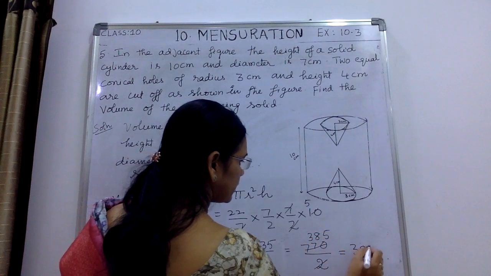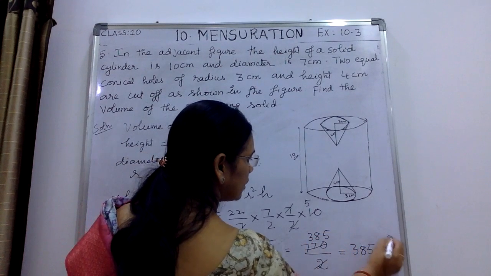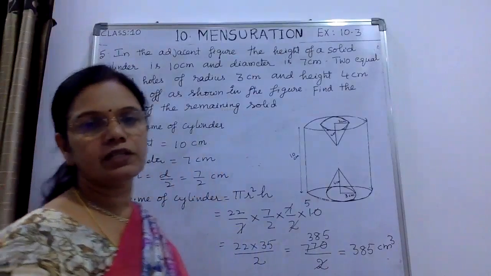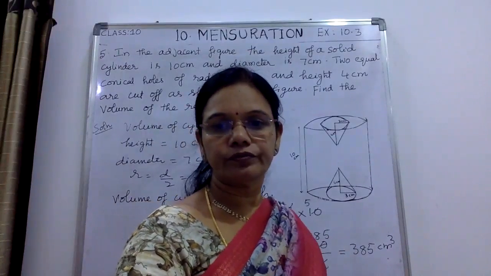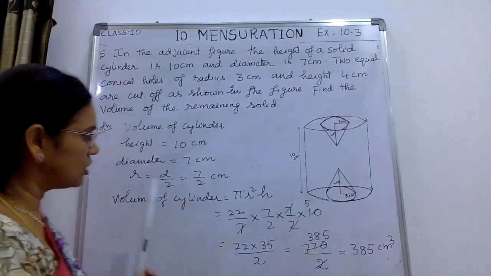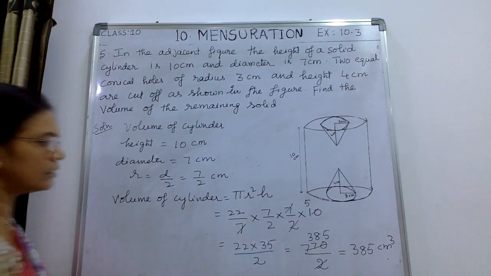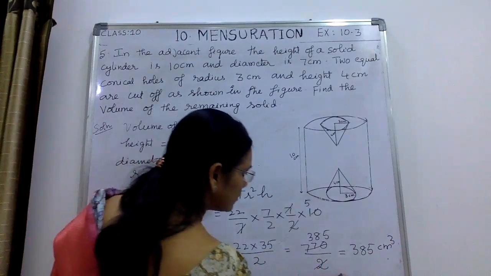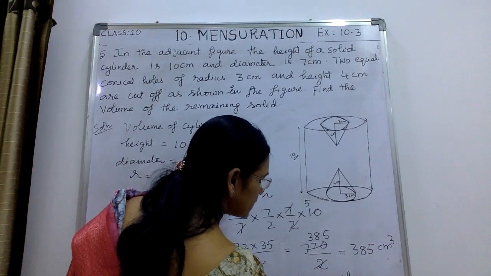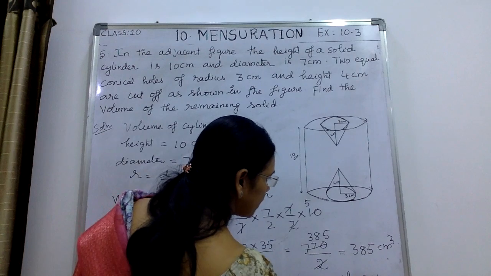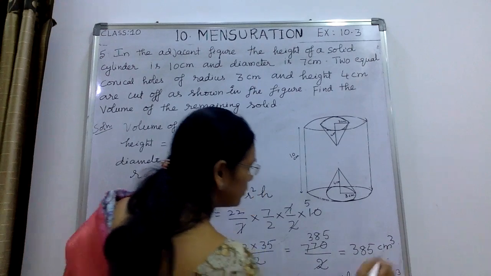So 385 centimeter cube. So let us note down the volume of the cylinder, that is the complete solid, is equal to 385 centimeter cube.